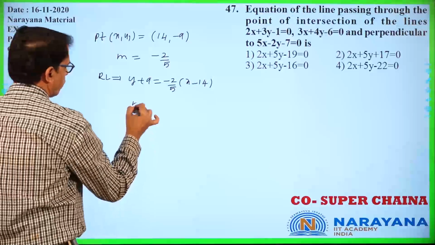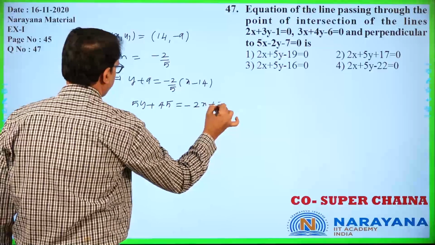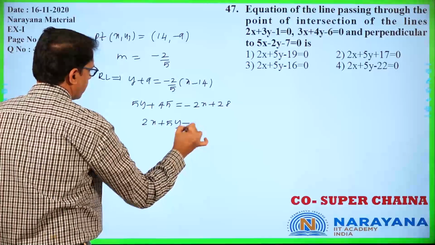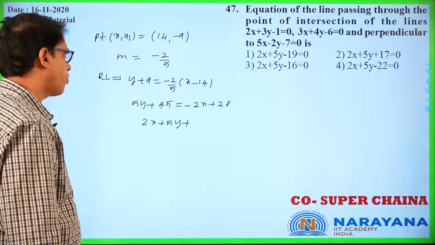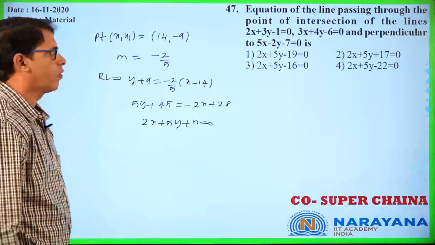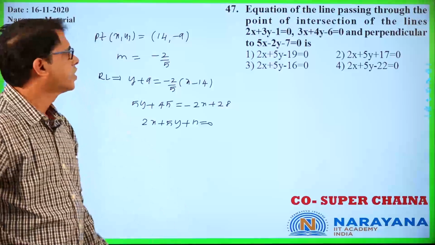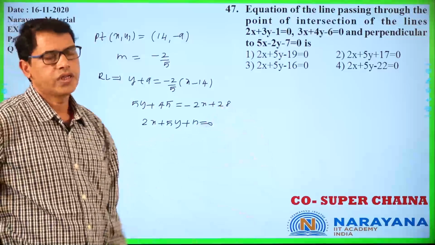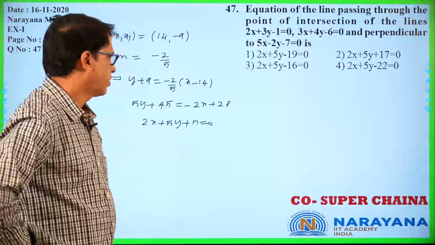Cross multiply: 5y plus 45 equals minus 2x plus 28. Bring to the left side: 2x plus 5y plus 17 equals 0. Option 2. Okay, simple one. Here first find the point of intersection, then find the slope, then use the point-slope form y minus y1 equals m into x minus x1. Next one.